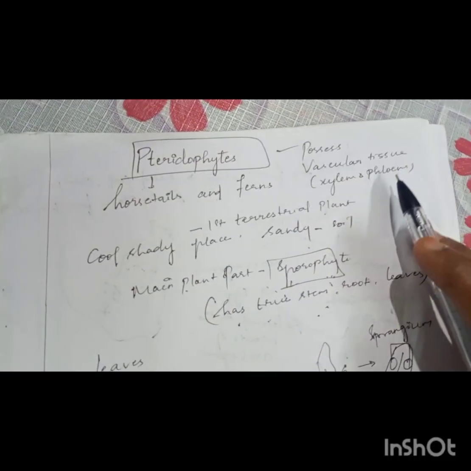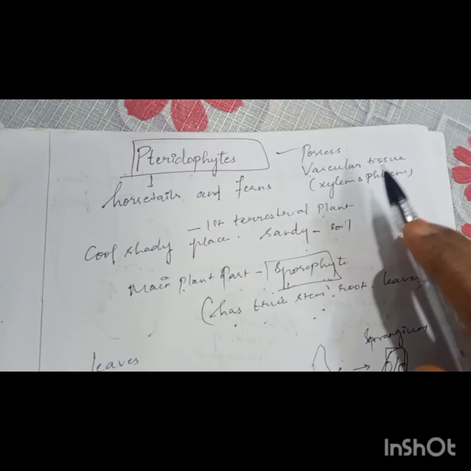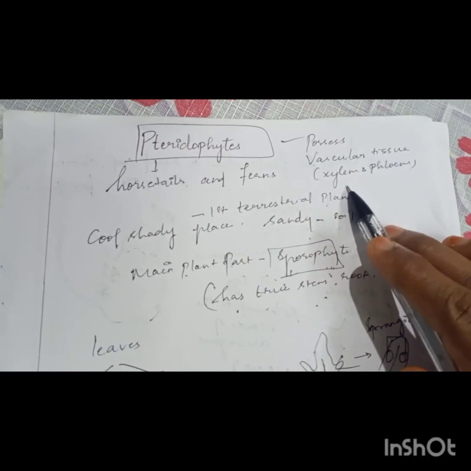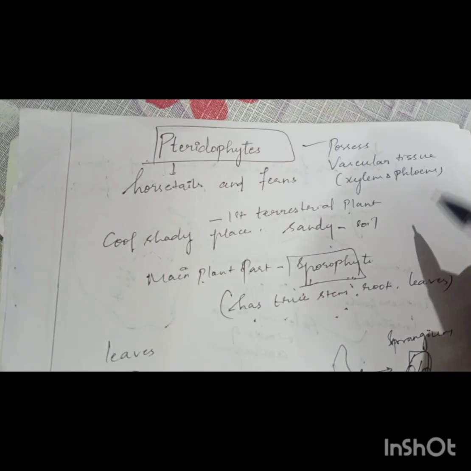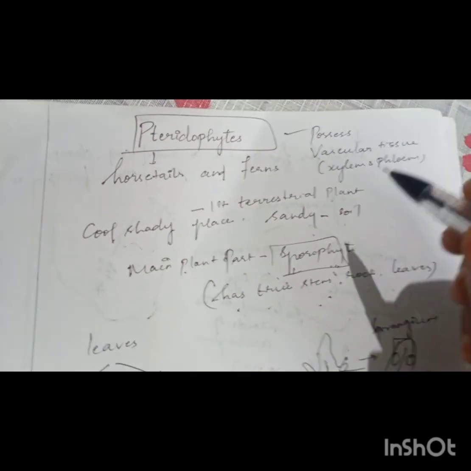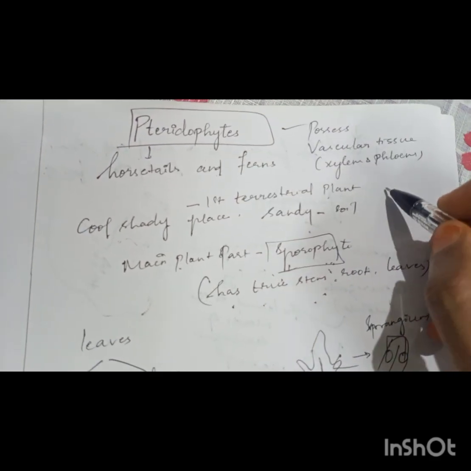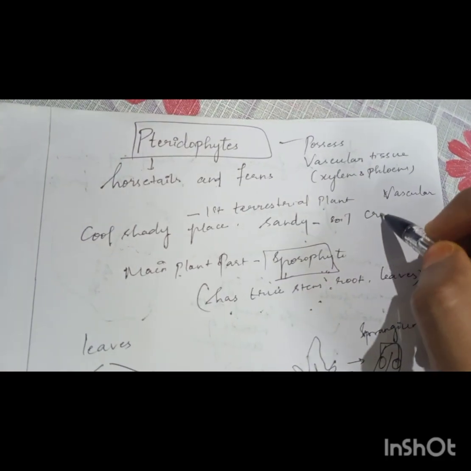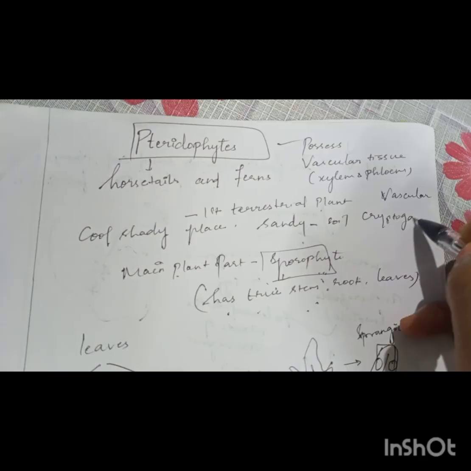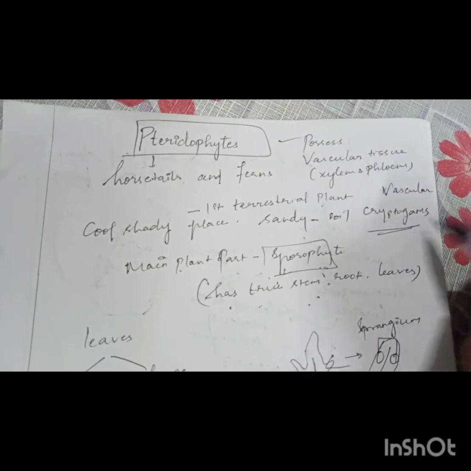These contain vascular tissue, that is tissue for conduction of water and food, xylem and phloem. It first developed in pteridophytes, and hence pteridophytes are known as vascular cryptogams. So what is the meaning of cryptogams?